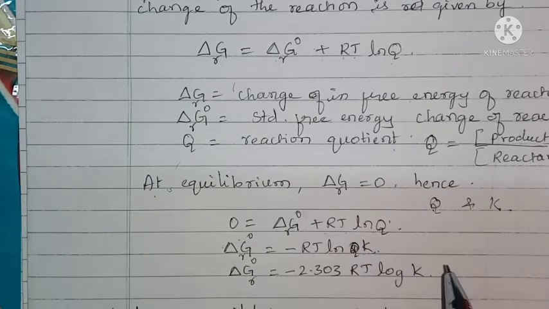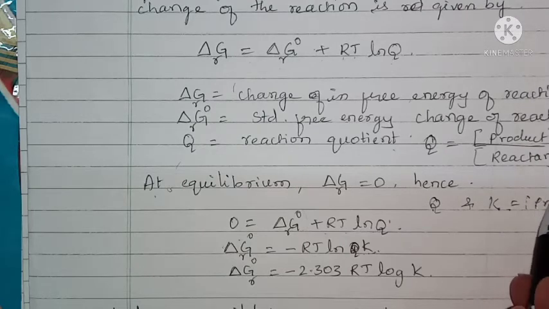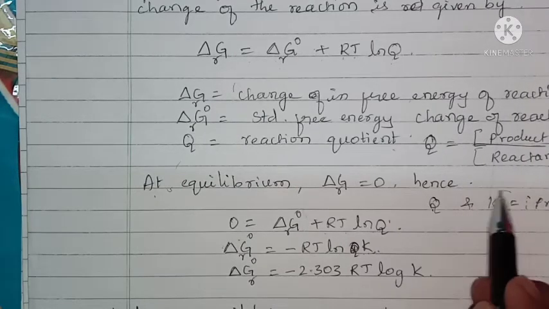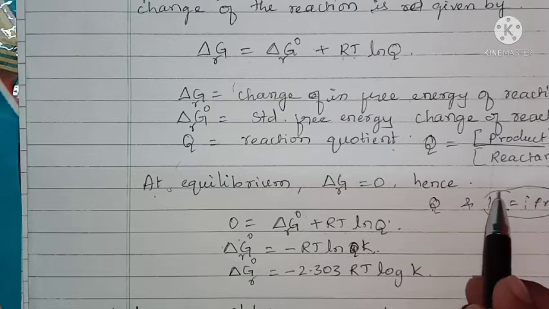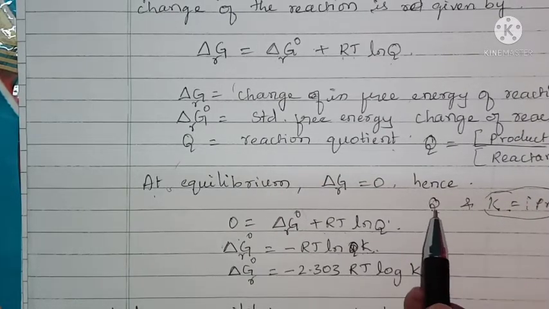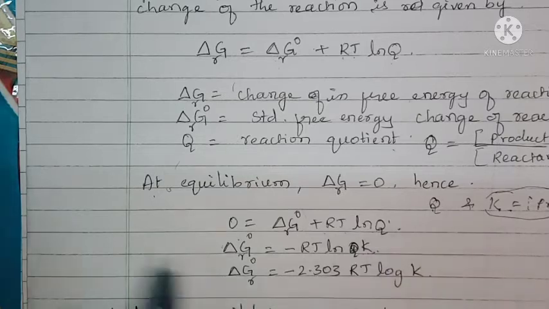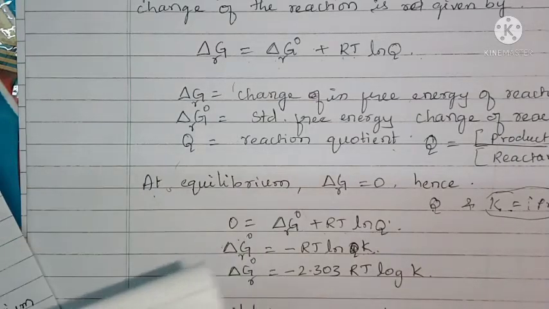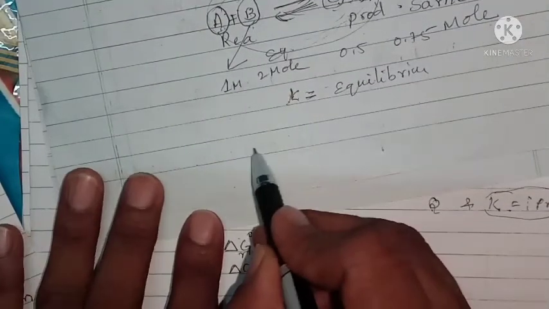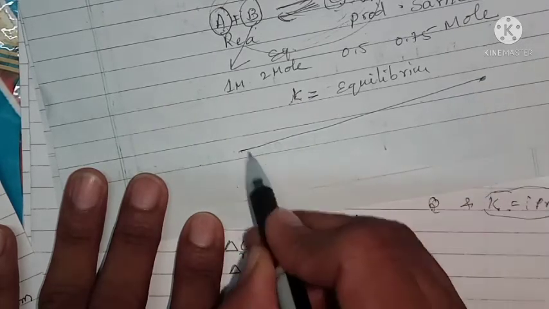K is the ratio between concentration of the product and concentration of the reactant at equilibrium. Here we are taking the ratio of equilibrium concentrations, whereas for Q we are taking the ratio of product by reactant at any instant. I think you learned that in equilibrium, so I have stopped here only.